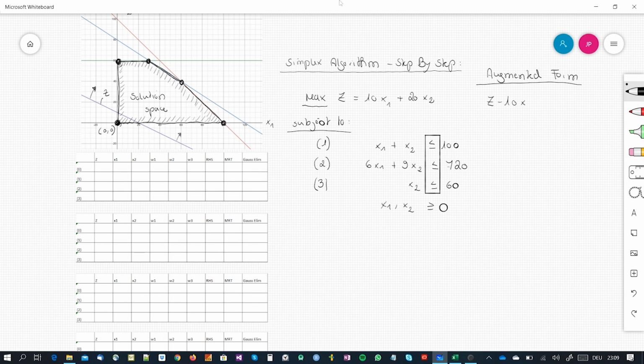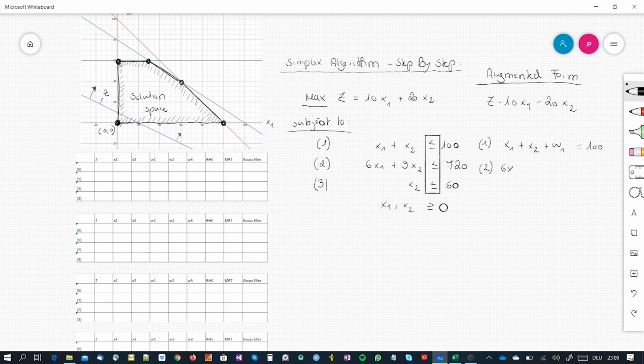So I put everything on the left-hand side and it gives us zeta minus 10 times x1 minus 20 times x2. And then introducing slack variables for the constraints gives us, for the first one, x1 plus x2 plus slack variable w1 equals 100.